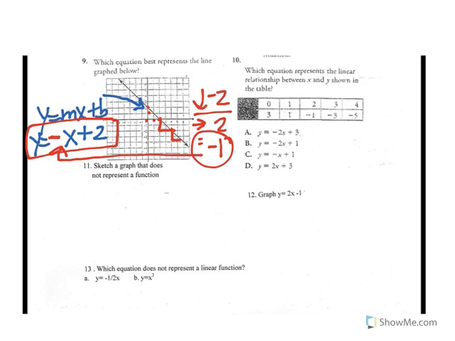Number 10 says, which equation represents the linear relationship between x and y shown in the table? When you have a table, you use the slope formula. You pick 2 points, and you plug them into the formula to figure out what the slope is.